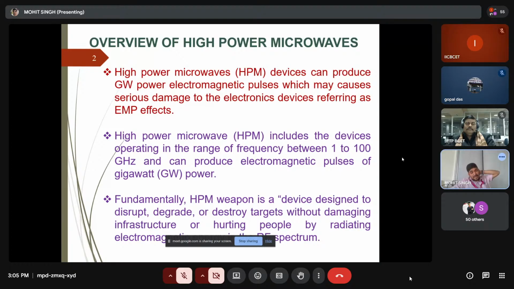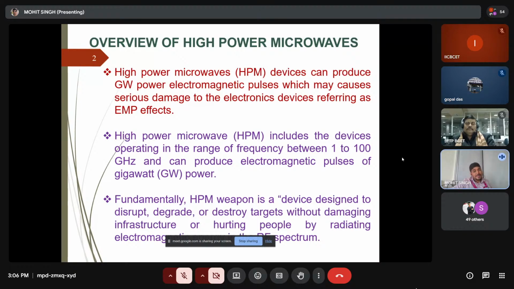These HPM devices were mainly designed to disrupt, degrade, or destroy the target without damaging the infrastructure. If there is a fight between two countries, earlier people used to target with missiles, which damaged the infrastructure and also hurt the people. But a fight between two countries must not hurt the people.